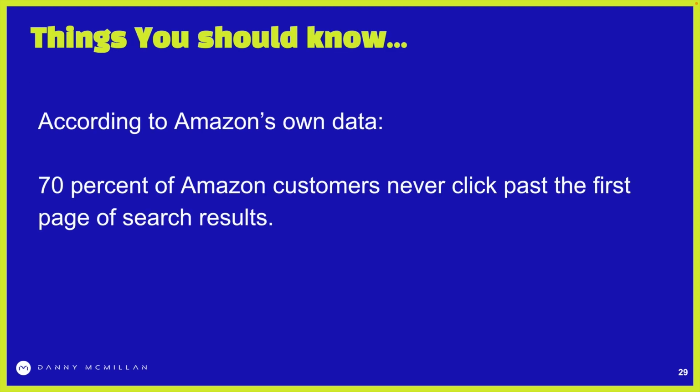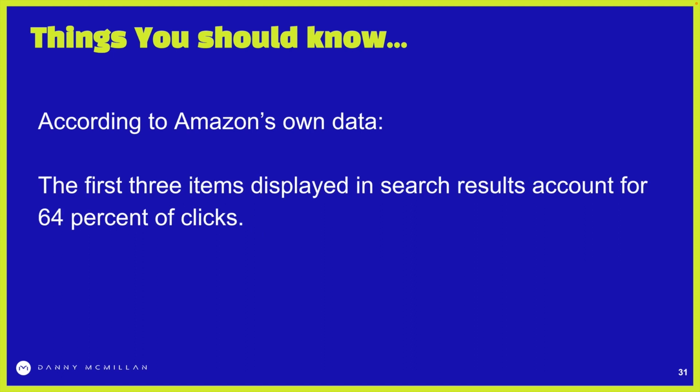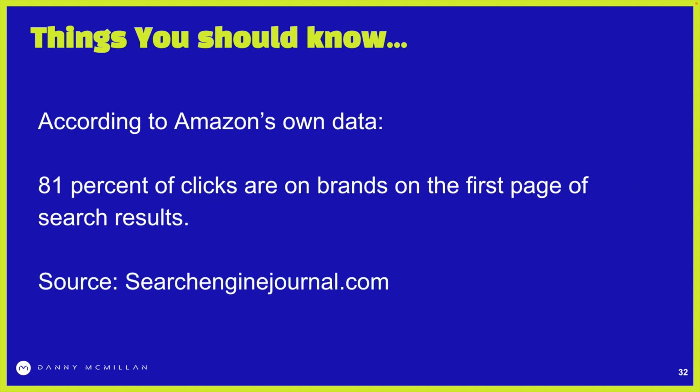According to Amazon's own data, 70% of Amazon's customers never click past the first page of search results. 35% of Amazon shoppers click on the first product featured on the search page. The first 3 items displayed in search results account for 64% of the clicks, and 81% of the clicks are on brands on the first page of search results.